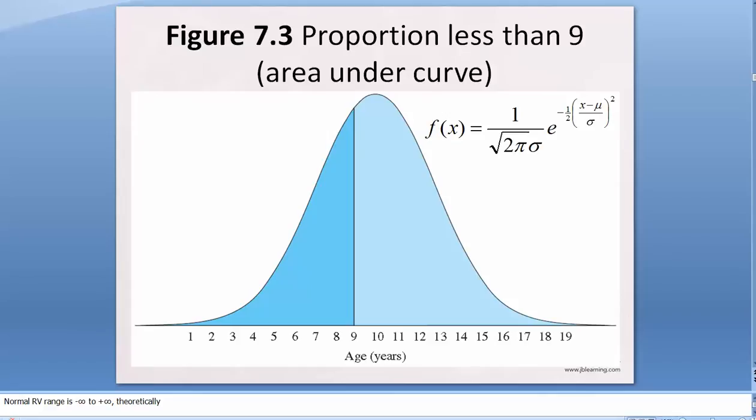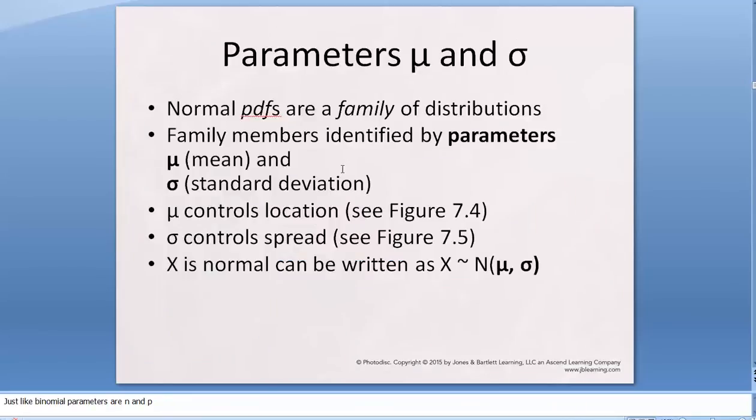Depending on mu and sigma, you get different curves. So the normal PDFs are also a family of distributions, just like we talked about binomial distributions being a family.